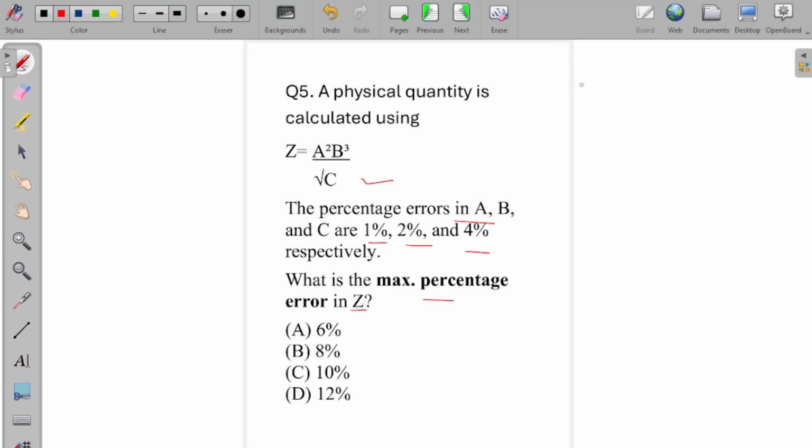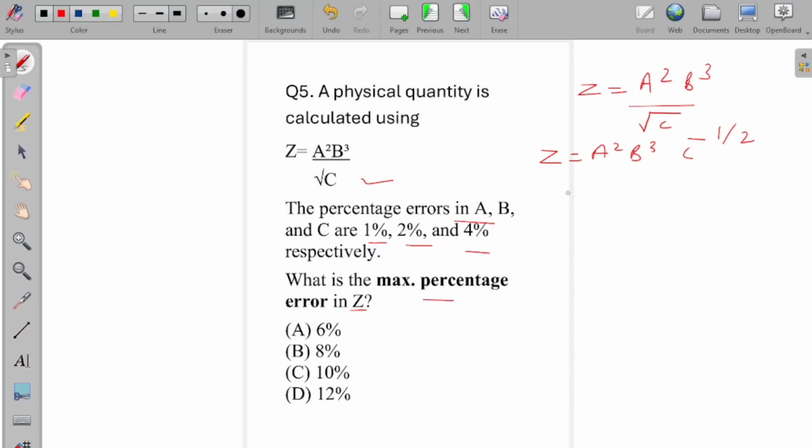So first of all, let's write this expression down over here. A square B cube under root C. When we simplify it further, we get Z equals A square B cube C to the power minus half.